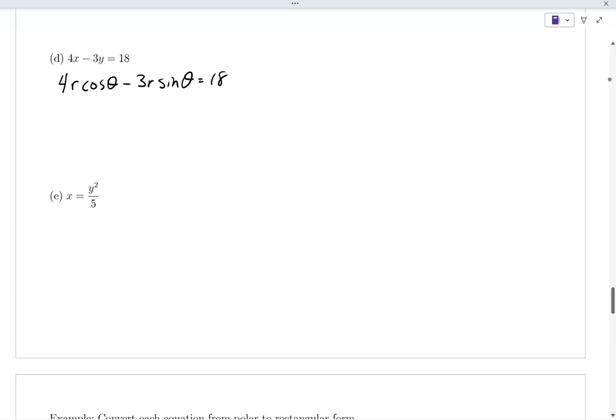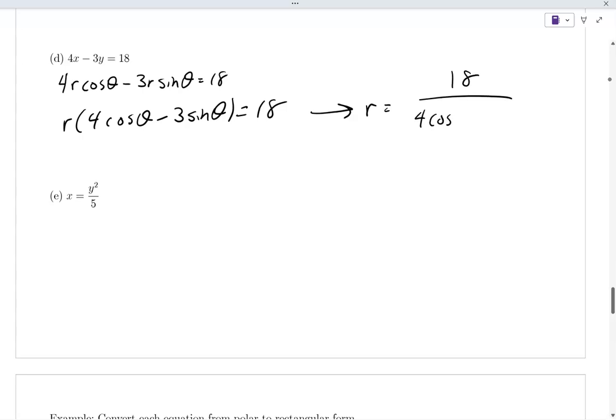I want to try to isolate the r. There's an r, so what can I do with it? Factor it out, good. And then to solve for r, I just need to divide. So we'll get r equals 18 over 4 cosine theta minus 3 sine theta.